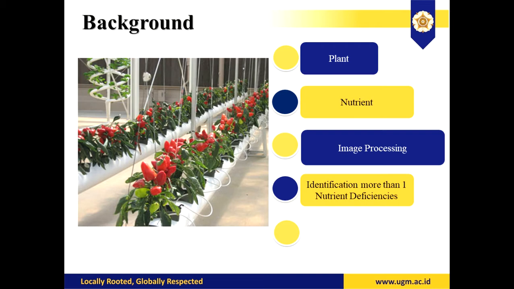Some research has been done, but it only identified one nutrient in plants. In this case, we will identify more than one nutrient deficiency in plants based on leaf images.